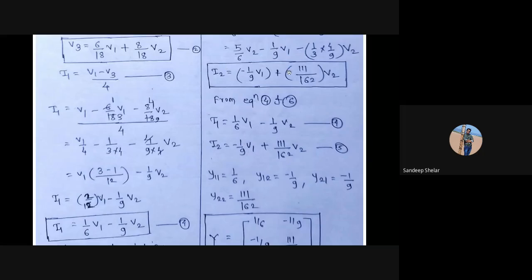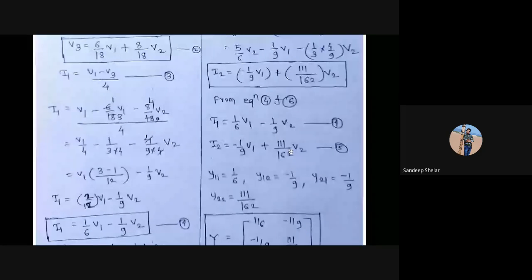From equations 4 and 5 we get the admittance parameters: y11 is equal to 1 upon 6, y12 is equal to minus 1 upon 9, then y21 is equal to minus 1 upon 9, and y22 is equal to 111 upon 162.